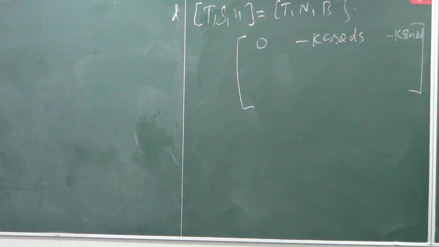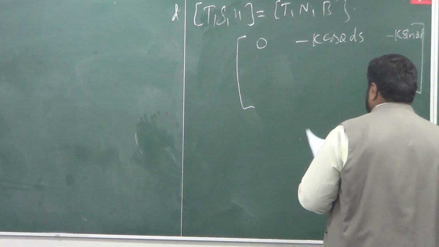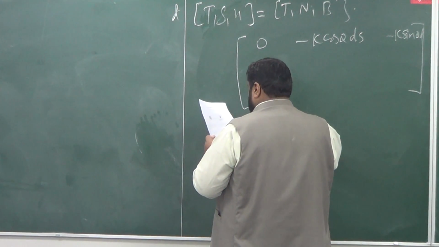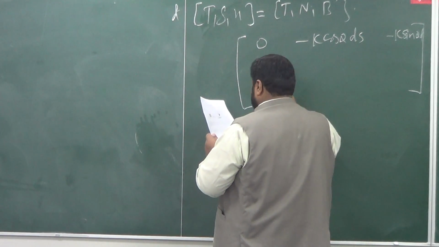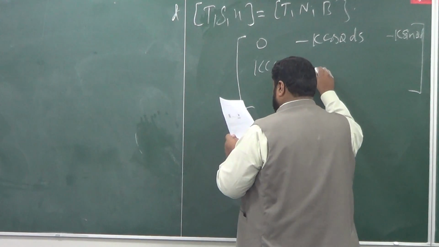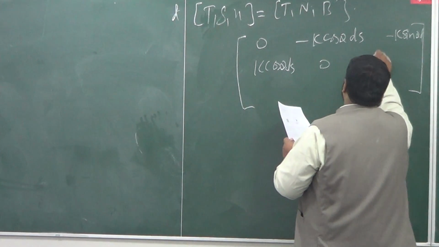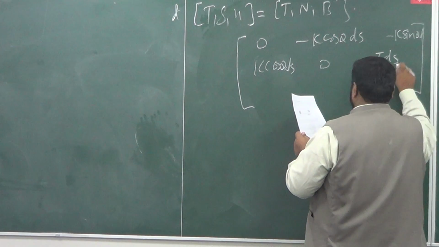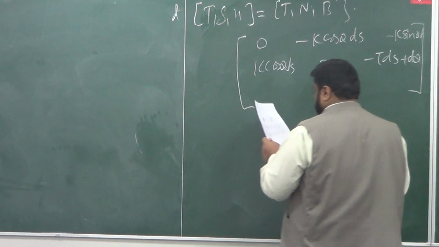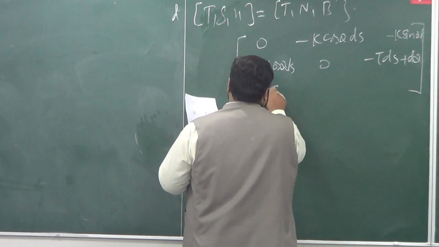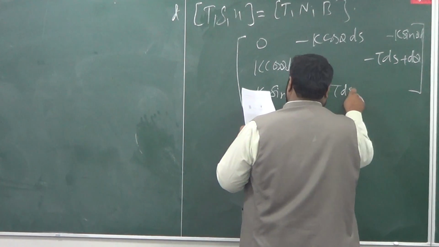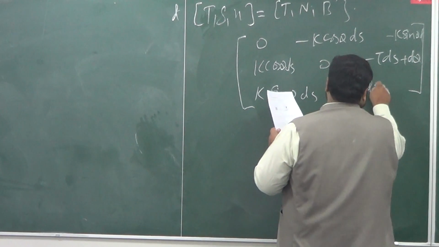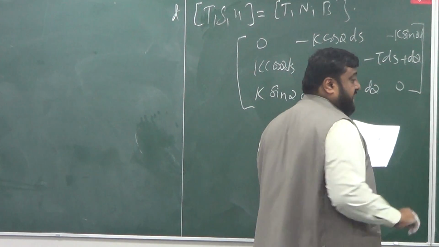Actually, if I wish, k cos theta ds, 0, minus tau ds plus d theta, k sine theta ds, tau ds minus d theta, and 0. So you're going to get this matrix.